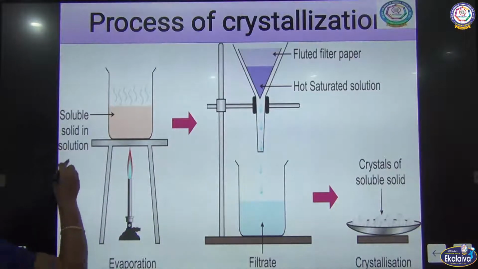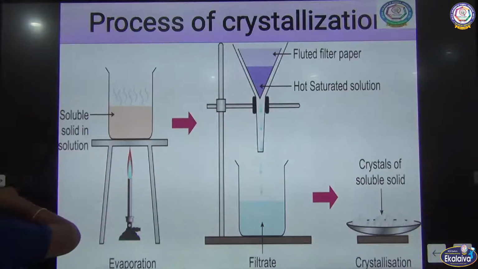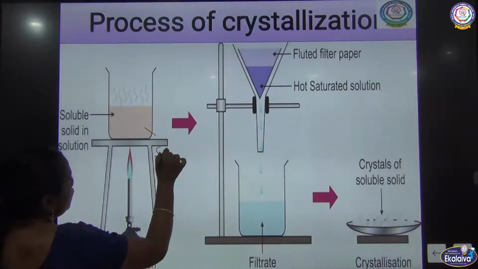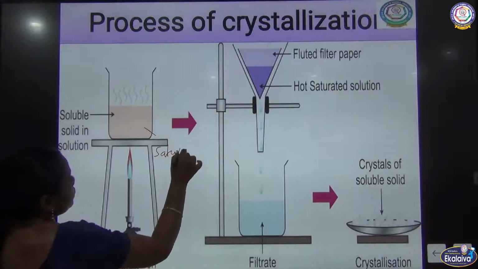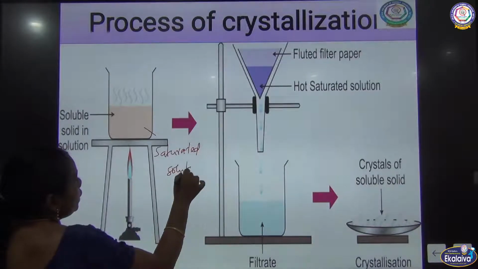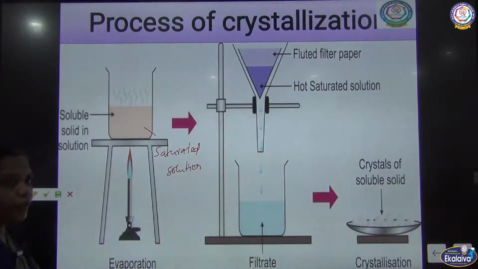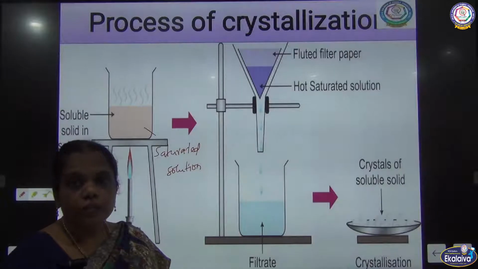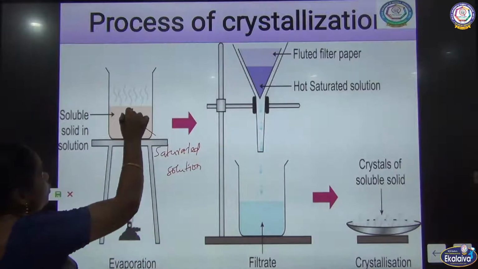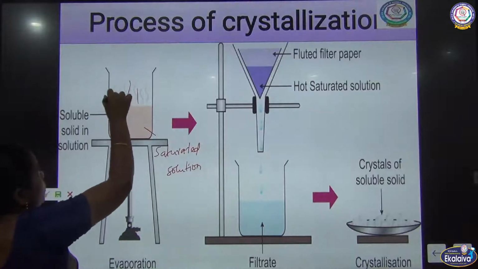So here we are going to prepare the saturated solution. This is what? Saturated solution. We take a certain amount of substance in the solvent, and we are going to heat it to boil. Now what are we doing here?